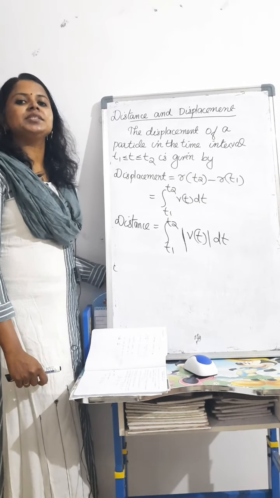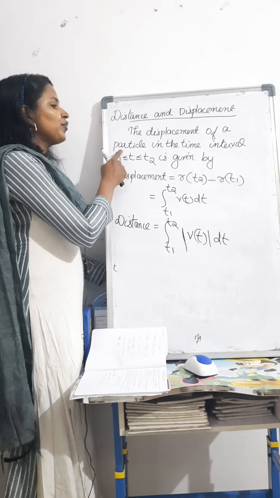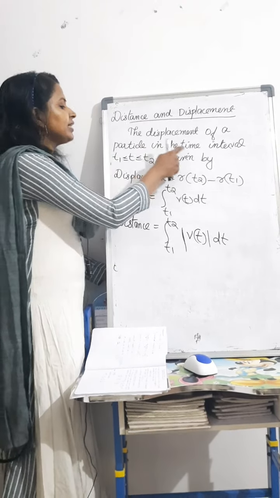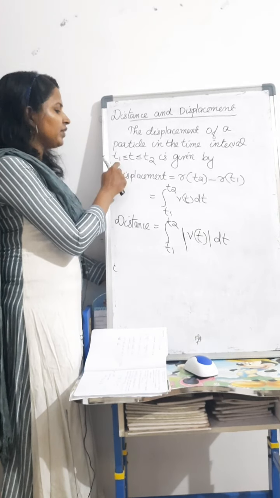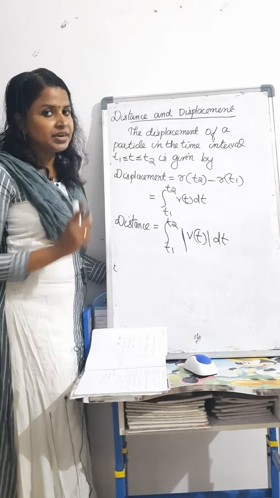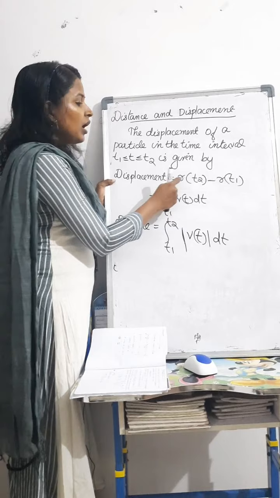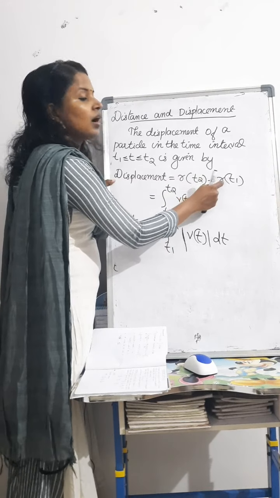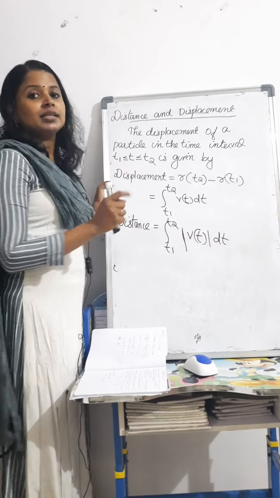Distance and displacement. The displacement of a particle in the time interval t1 less than or equal to t less than or equal to t2 is given by r of t2 minus r of t1, where r is the position vector.